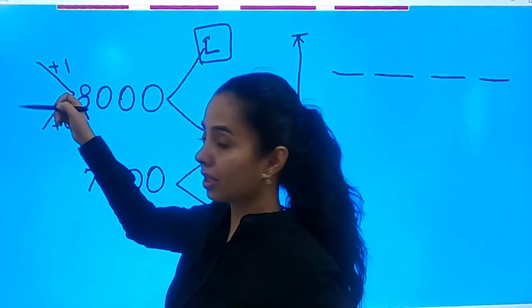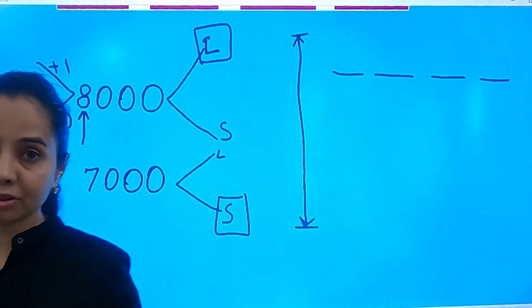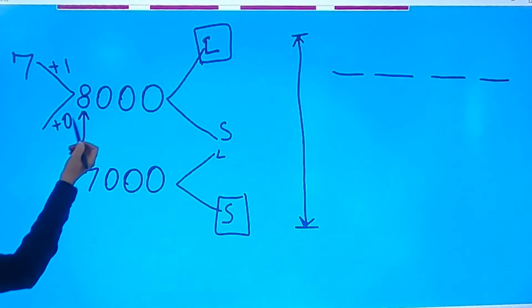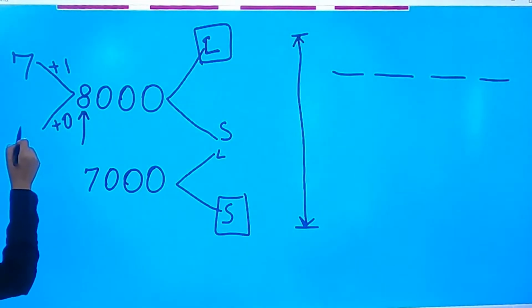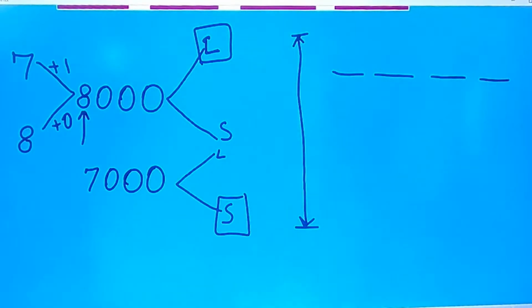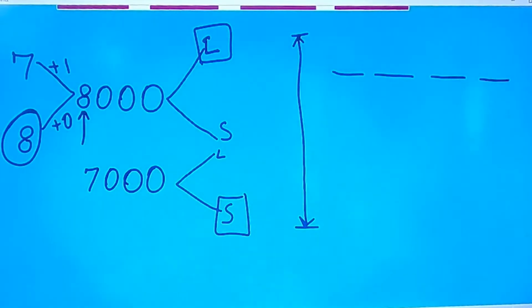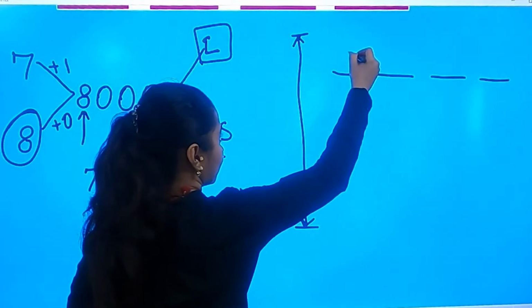So in the case that 1 was added to it, then the original digit must have been 7. If nothing would have happened, then the focus digit would have been 8. Since we want to make the largest, we'll select the largest possible. We'll select 8 over here.